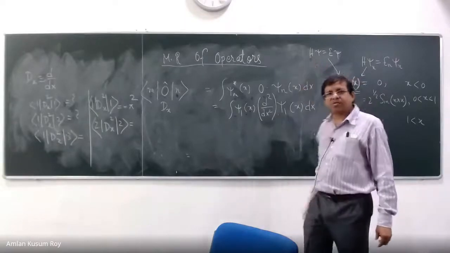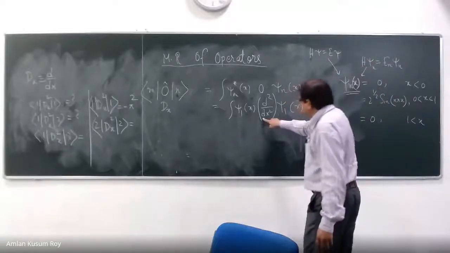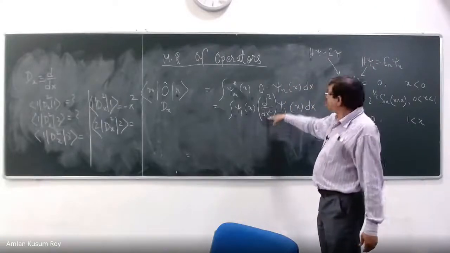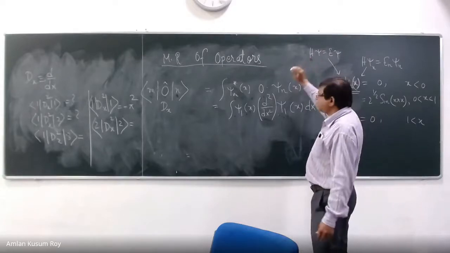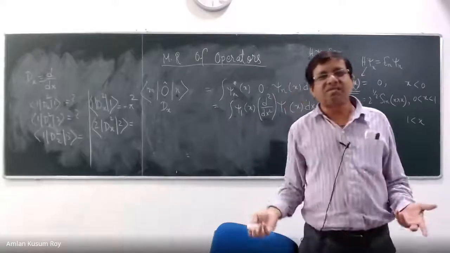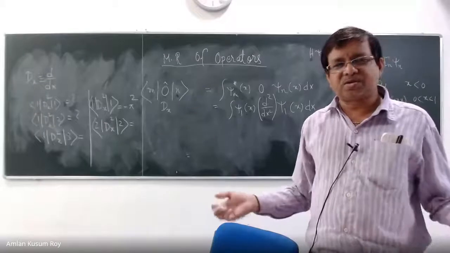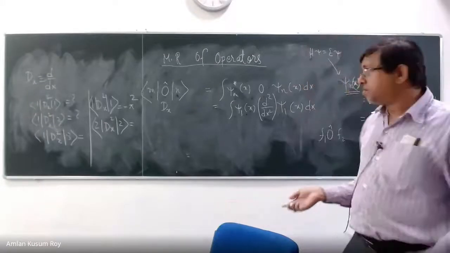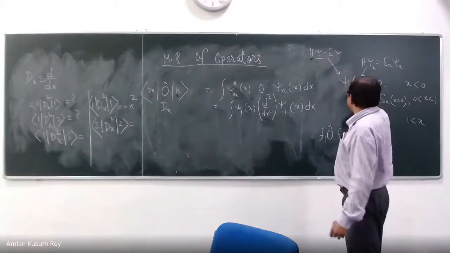Your Hamiltonian was only minus h cross square by twice m, d square by dx square, right? Yes, sir. So don't you see that this operator is exactly corresponding to this Hamiltonian? Then what was the point of doing so much work? You have already solved the eigenvalue equation. You see how stupid it looks if you want to do it again, because you have solved it all the times in your life to get this, right?